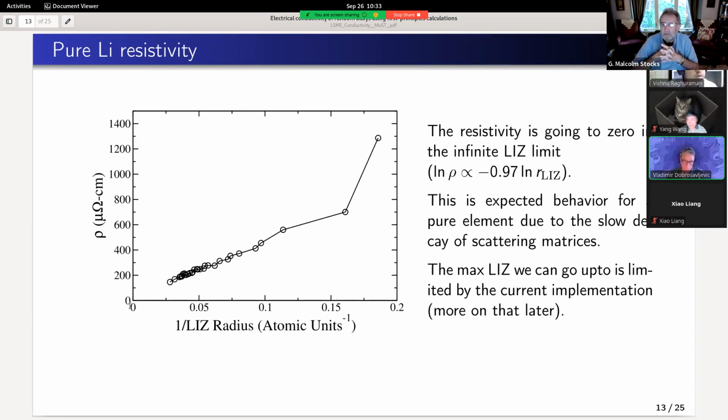It's putting some scattering in there that shouldn't be there. And as you get closer and closer to the Fermi surface, you get closer and closer to T equals 0. The scattering is dominated by fewer and fewer electrons at the Fermi surface, right? Yeah, that's true. I'm not sure whether that's easy to do numerically.